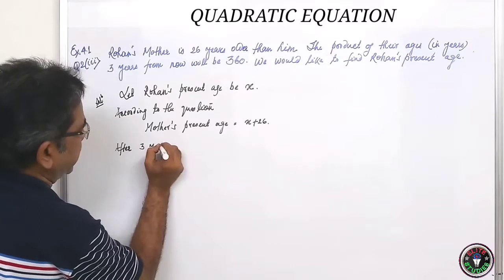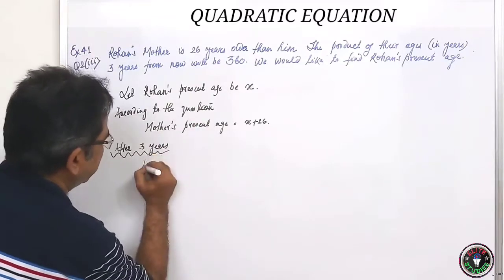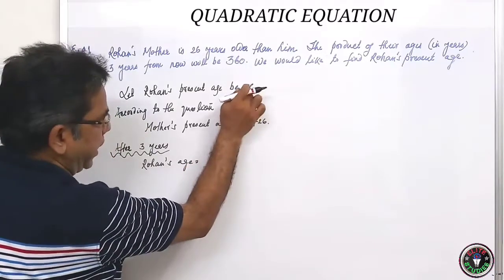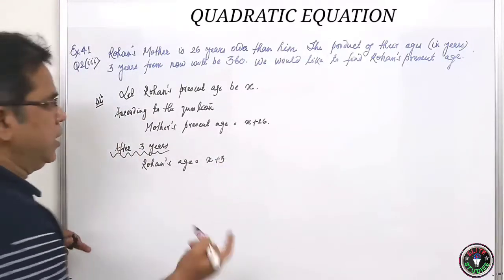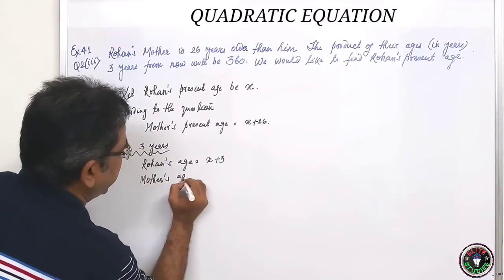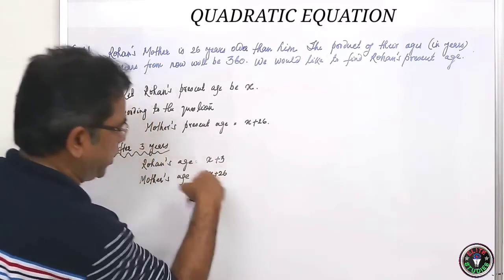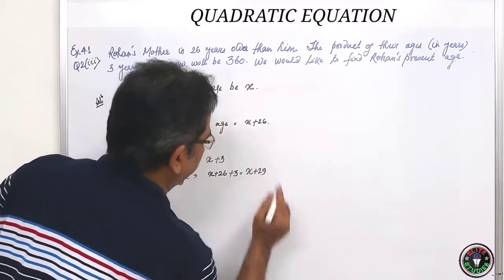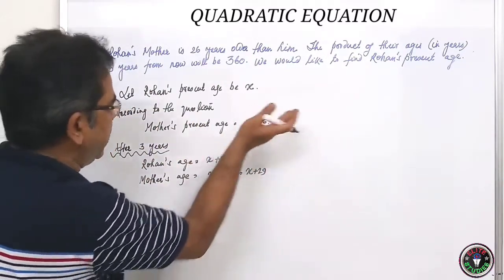After 3 years, Rohan's age will be x plus 3, very simple. Similarly, mother's age, present age x plus 26, after 3 years will be 3 years more, so it will be x plus 29. So we have found Rohan's and his mother's ages after 3 years.